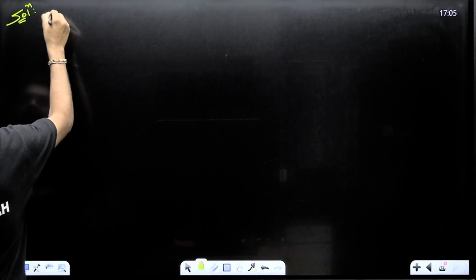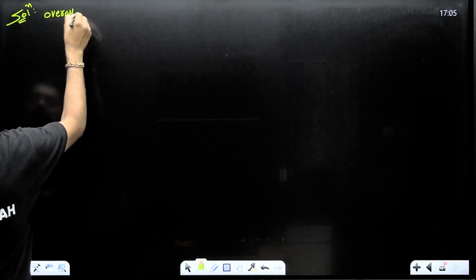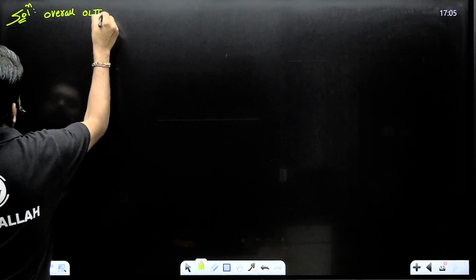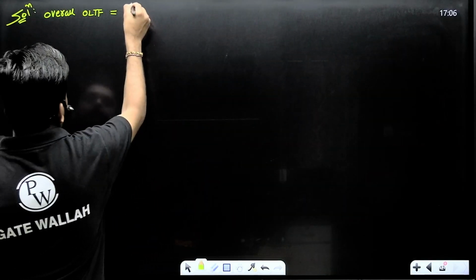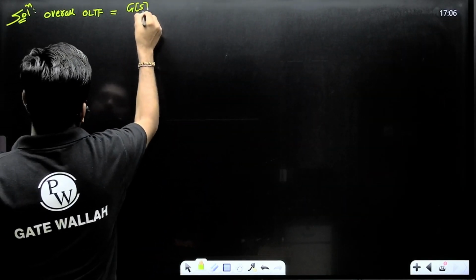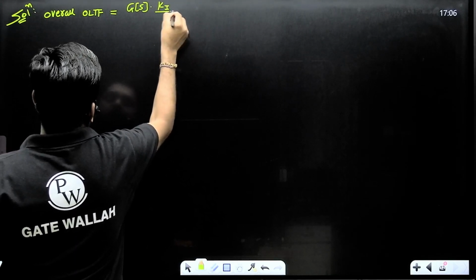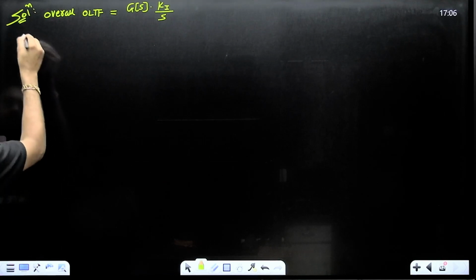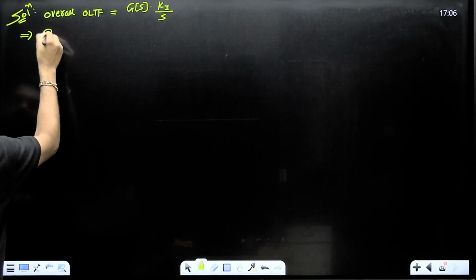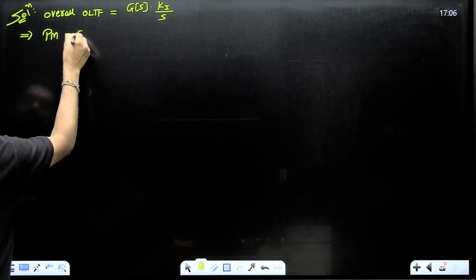So here we can write the overall open loop transfer function is equal to G(s) times Ki by s. This is the overall open loop transfer function, and the phase margin for this is 50-degree.